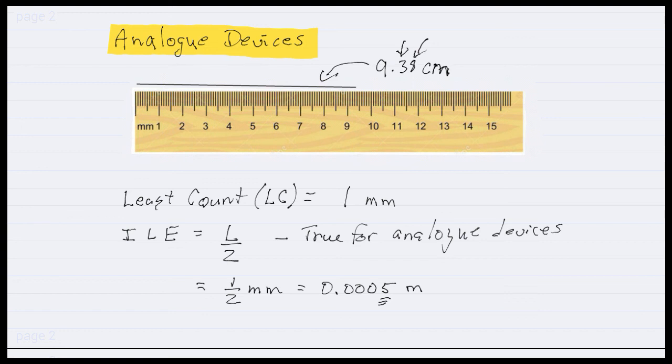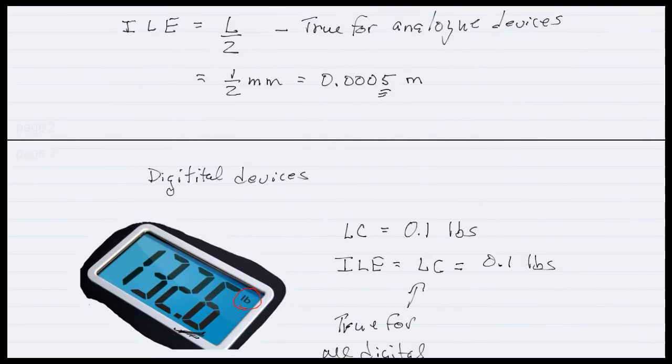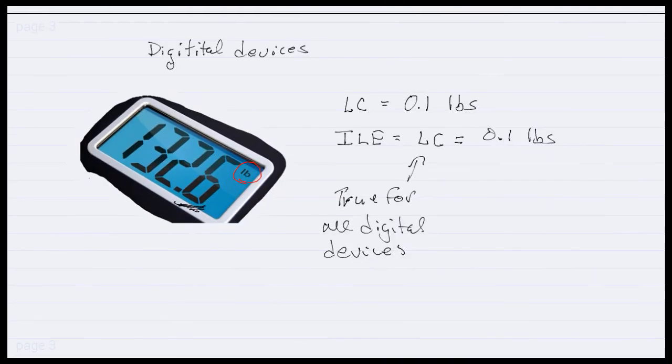You can make an educated guess with using an analog device on a precision smaller than what the least count is. However, for a digital device, you're at the mercy of the digits which are displayed in the display. So that's why we take the ILE to be equal to the least count.